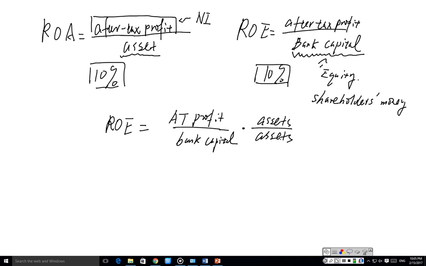Because asset divided by asset equals 1, multiplying by this ratio will not change the equation. Then this equation can be rewritten as after-tax profit over asset multiplied by asset over bank capital.